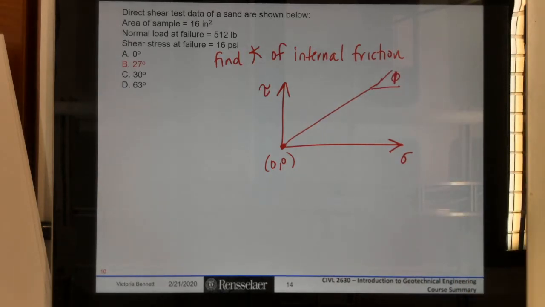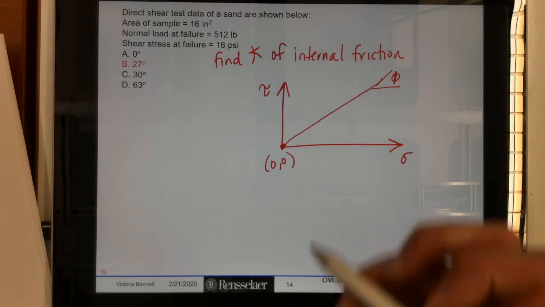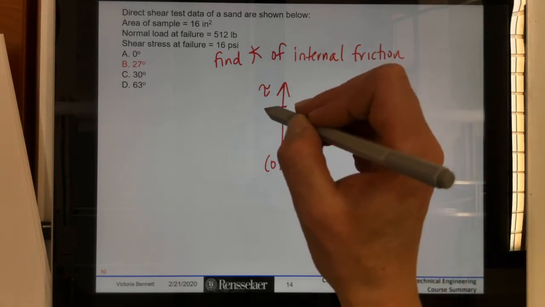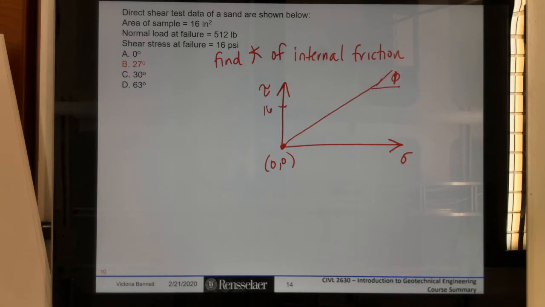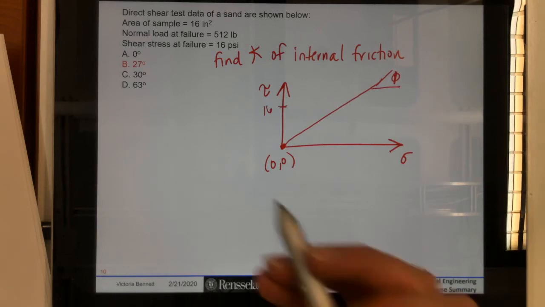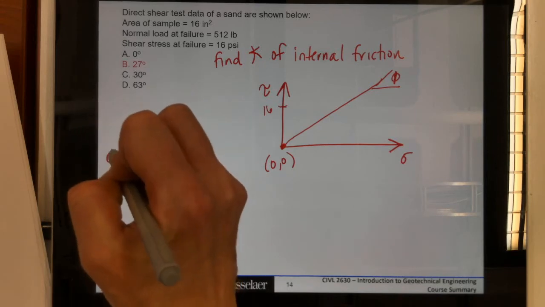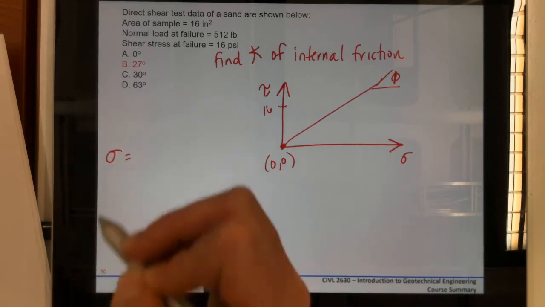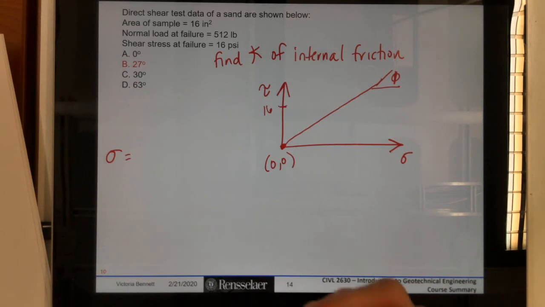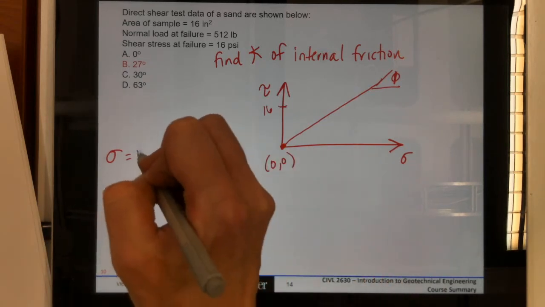What we're given is normal load at failure and shear stress at failure. So we know that our point is going to be 16 something, but what is our normal stress at failure? Stress is just force over area, so that should bring us back to that.